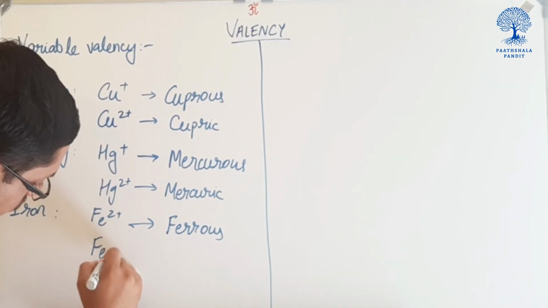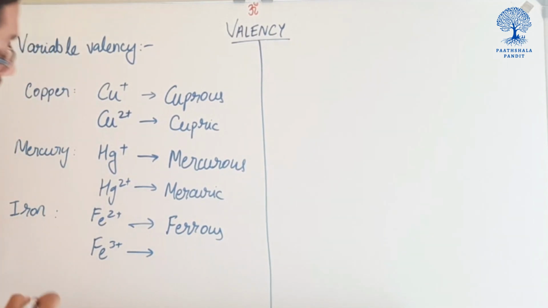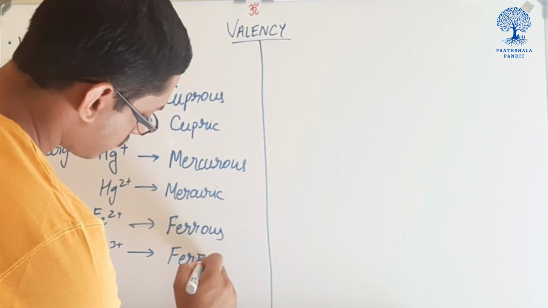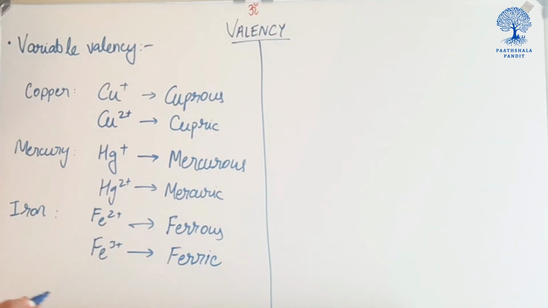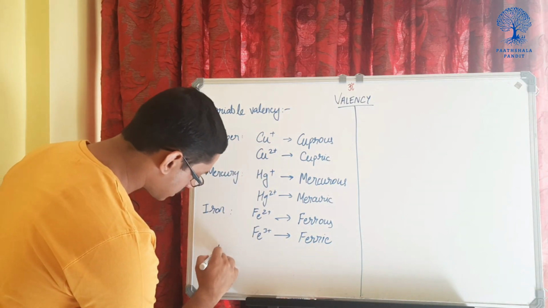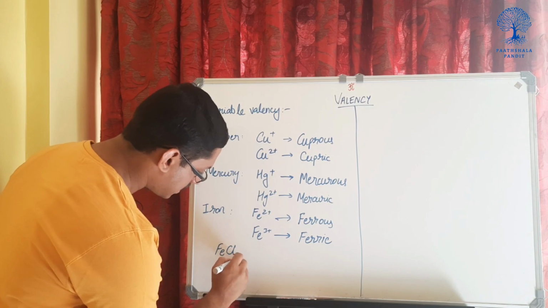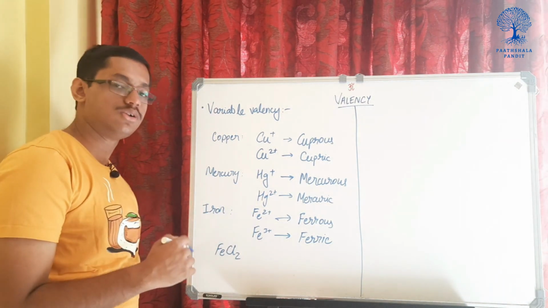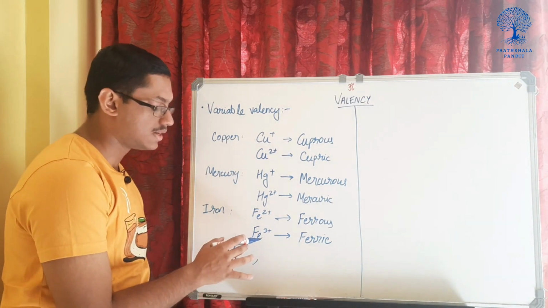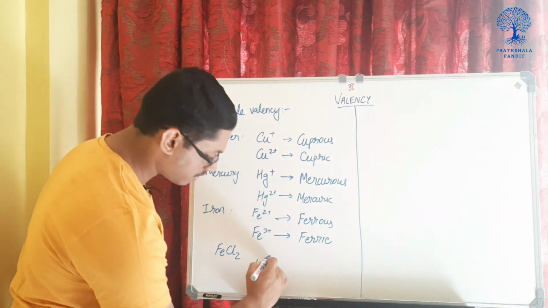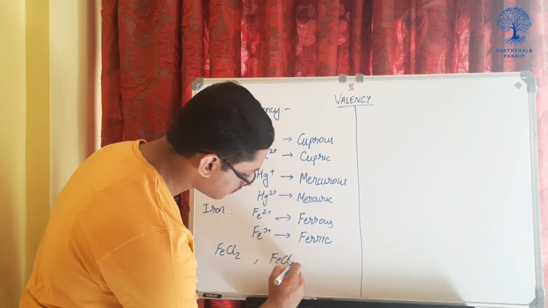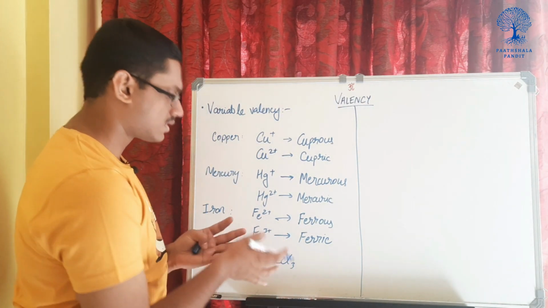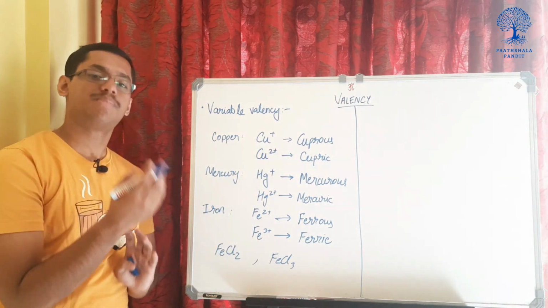Or if it gives out three electrons, it will become ferric. So sometimes it becomes FeCl2 if it is 2, or if it is ready to give out 3 electrons, it becomes FeCl3. Means if it forms a compound with chlorine, it will form FeCl3. So different conditions, different compounds like this.